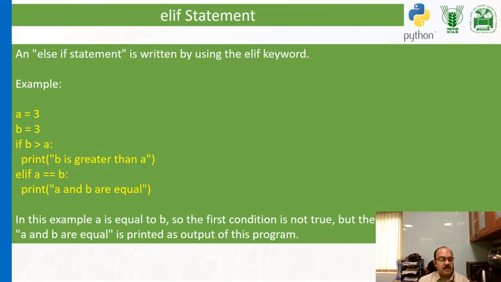So in this example, a is equal to b because the value of both the variables is 3. So the if condition is not satisfied, whereas the else if condition, where it is tested whether a is equal to b, is satisfied. So as an output of this program we will get this message, a and b are equal. This is printed on the screen.